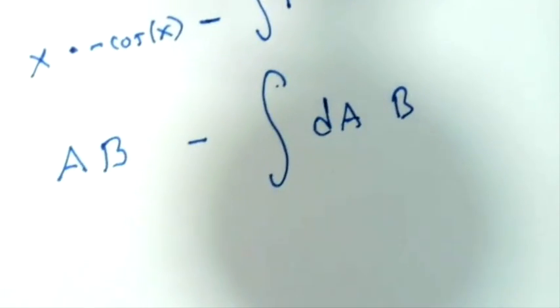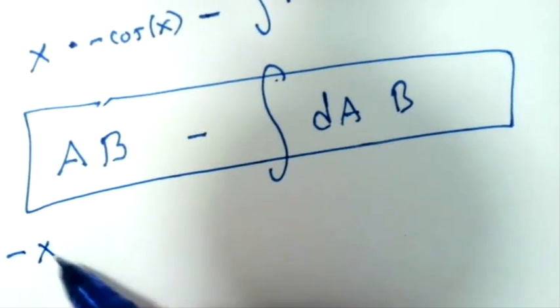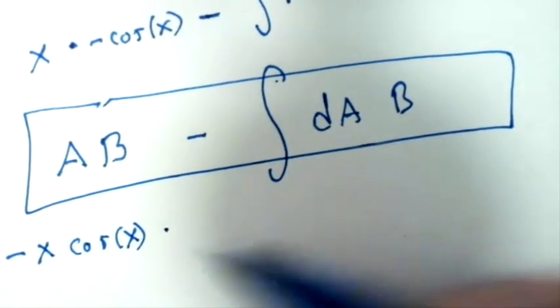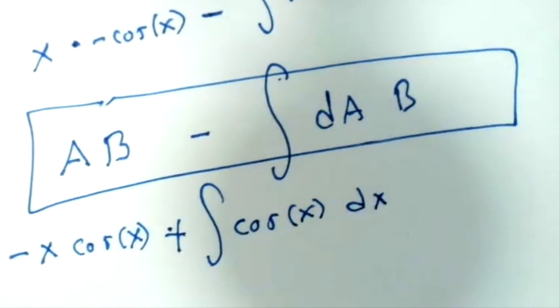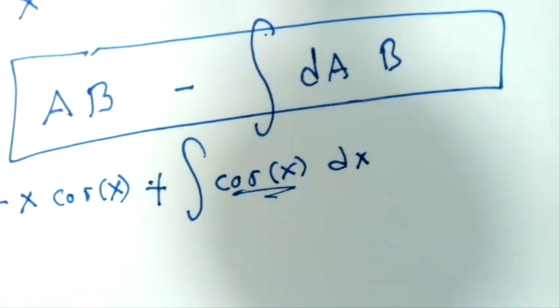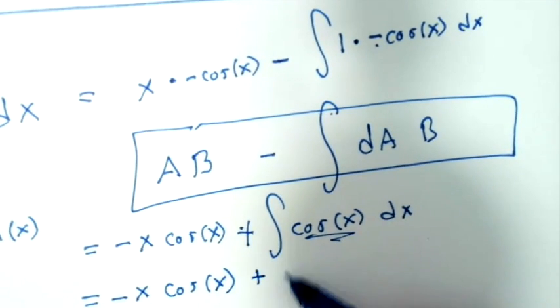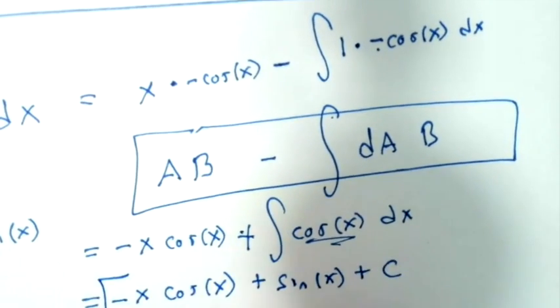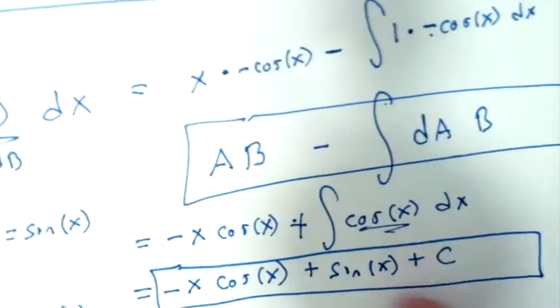Now I can simplify. x times negative cosine of x is negative x cosine of x, and then minus times minus is plus, so I have the integral of cosine of x dx, which is sine of x plus C. So this would be negative x cosine of x plus sine of x plus C, which is my final answer for the antiderivative of x times sine of x.